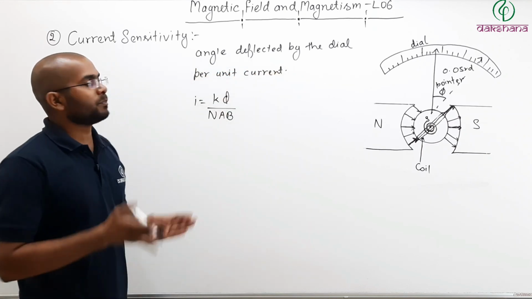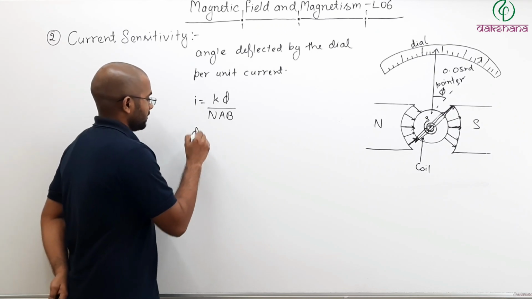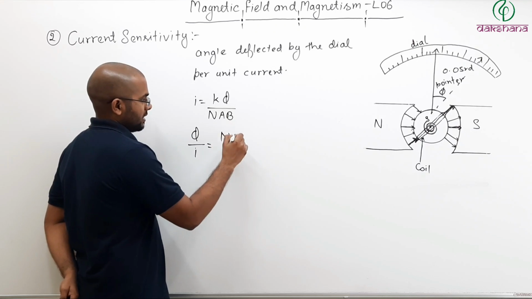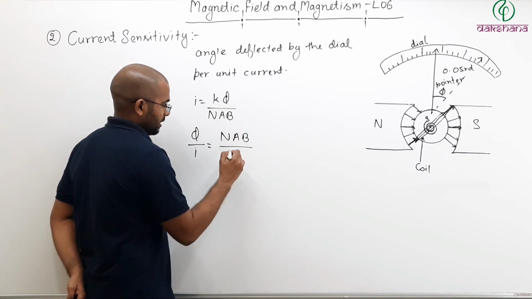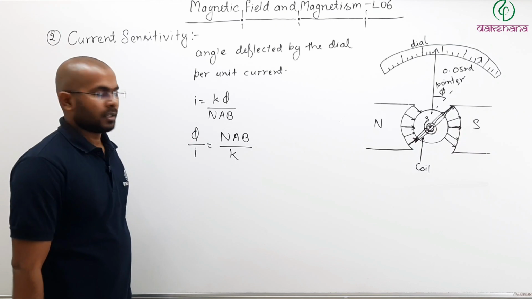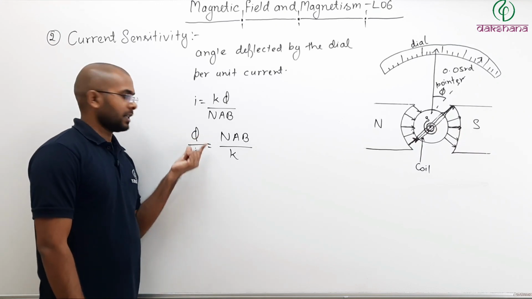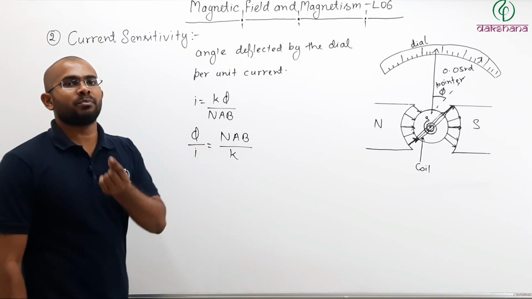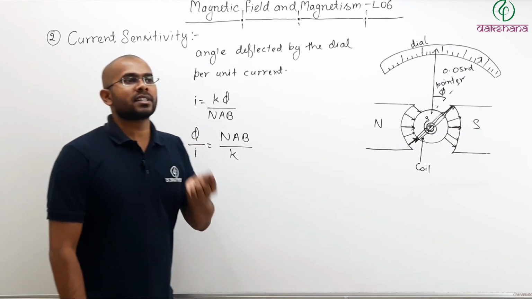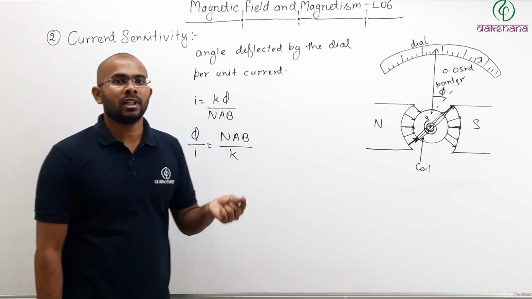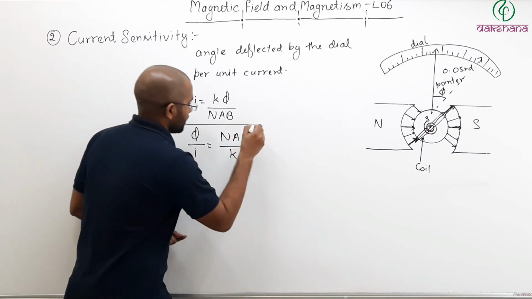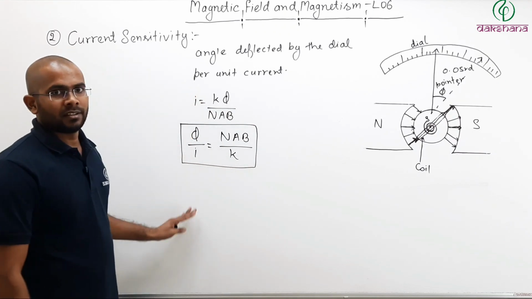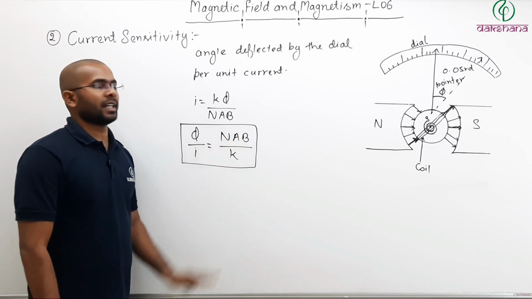So angle deflected per unit current will be phi divided by I, and phi by I can be written as NAB divided by K. So greater the angle deflected per unit current, more is the sensitivity of your galvanometer. So sensitivity of the galvanometer can be written as phi by I, which is equal to NAB divided by K.